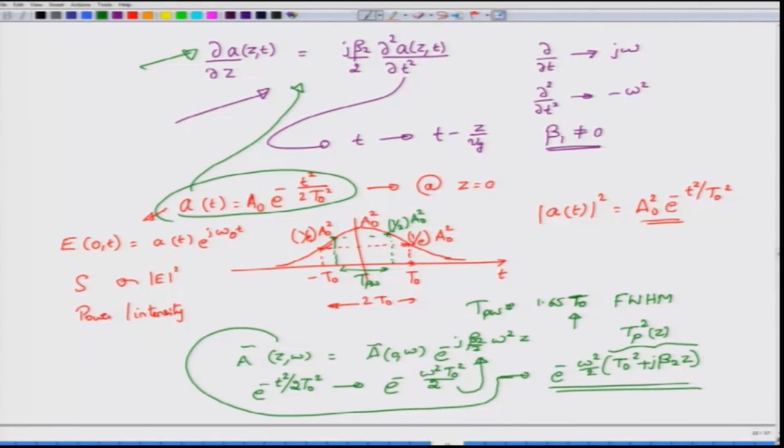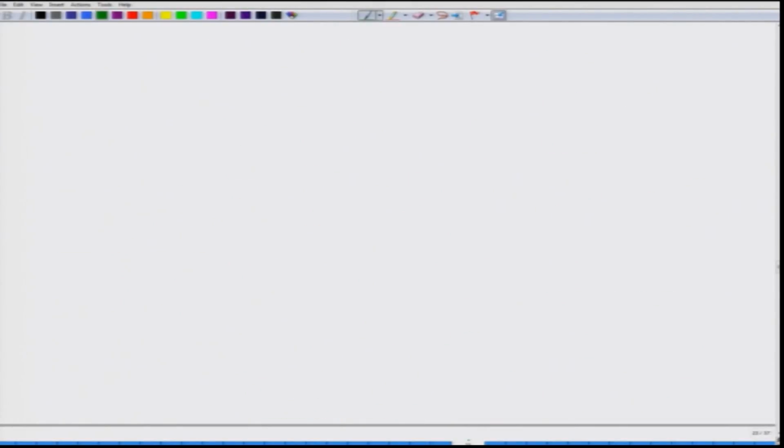When you take the inverse Fourier transform and write down the actual expression for A of z t, which I will leave as a small exercise to you, you will see that there will be a constant A 0, and then that constant multiplied by a very interesting term, which is beta 2 square z square divided by t 0 square.